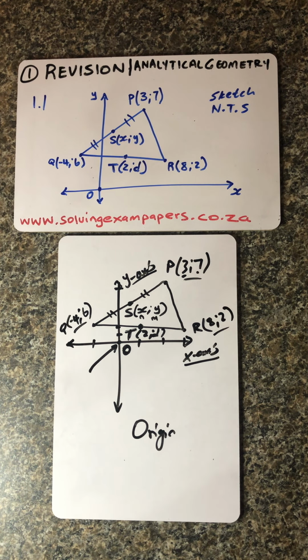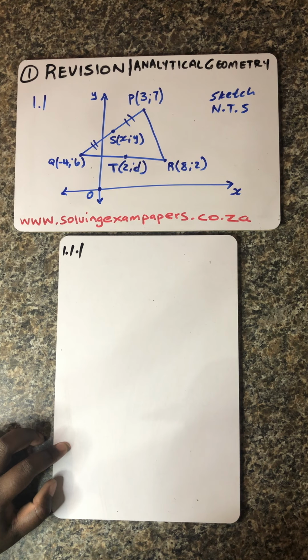Okay, so ladies and gentlemen, our very first question, let's just say this is question 1.1.1. So the question, let's say maybe: determine the distance of QR. Okay, I hope you got the question, ladies and gentlemen. Determine the distance of QR.